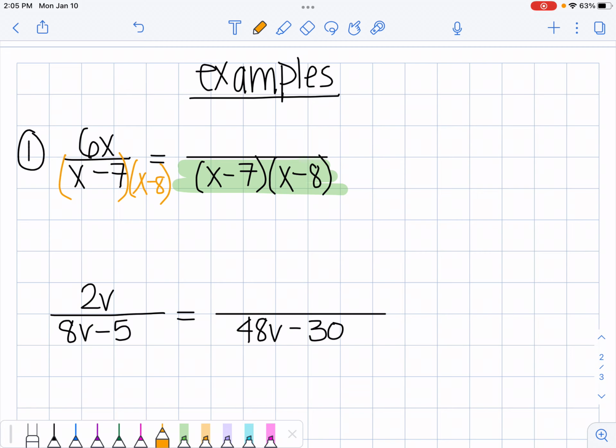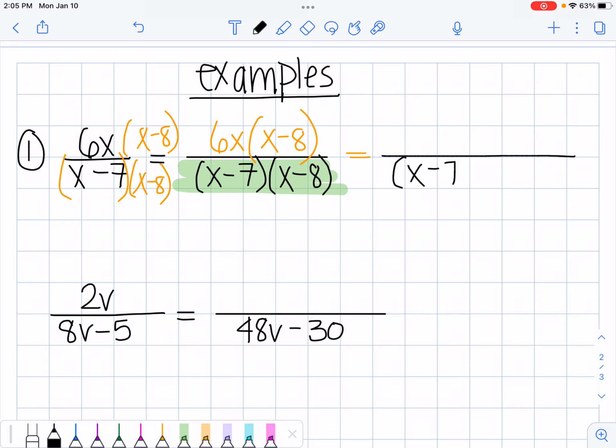Remember, whatever you do to the bottom, you have to do to the top. So I'm going to multiply, and I get 6x times x minus 8 on the top. We can keep the bottom the same, x minus 7 times x minus 8.